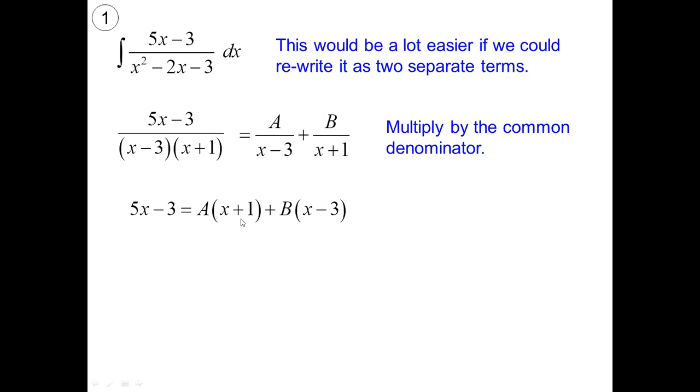So A should be multiplied by quantity x plus 1. You use the same principle in the case of the second partial fraction. It has only x plus 1, so B has to be multiplied by x minus 3. Now you can do expansion, although I don't suggest that you do expansion. I will simply call this method, you equate coefficients of terms that are similar.